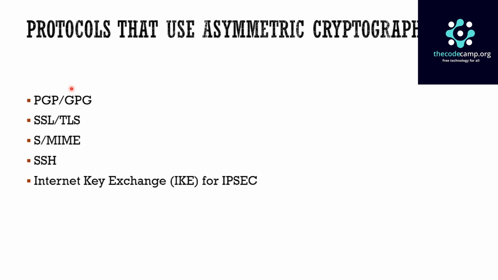Or S/MIME, Secure MIME for encrypted email attachments. Or SSH, if you SSH to get a command prompt from a Linux or a Cisco device. Or even IPsec, the VPN protocol, which we talk about a little bit later. And the Internet Key Exchange Protocol uses an asymmetric cryptography mechanism. It uses, quite frankly, Diffie-Hellman to trade keys in order to create an IPsec-based VPN.